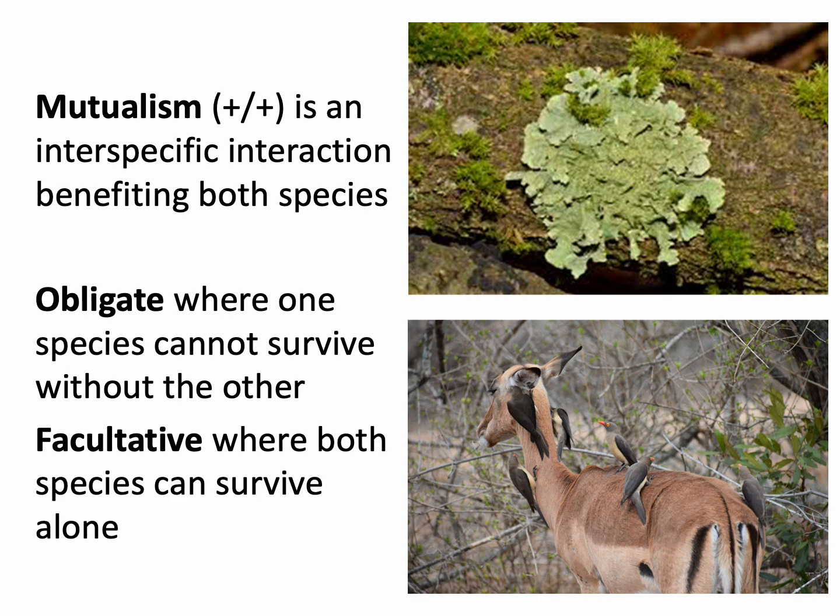What about mutualism? In mutualism, both species benefit. This could be obligate, meaning that it's happening all the time and the species cannot survive without the other. An example would be a lichen. This is an example of a type of crustose lichen. And lichen are basically the interaction of a fungus and an alga.